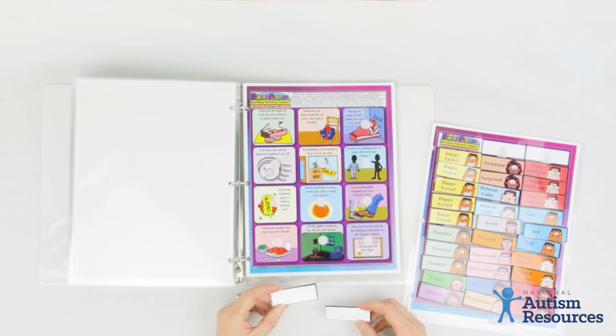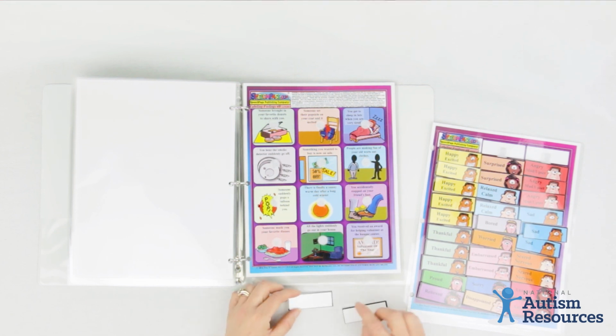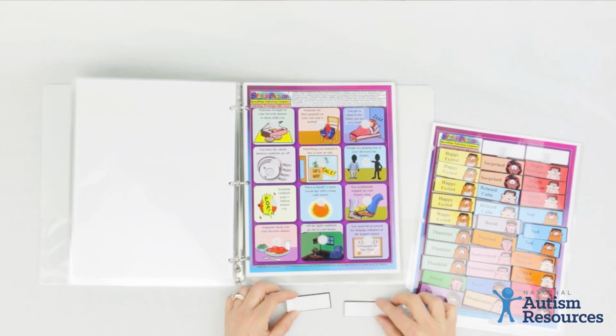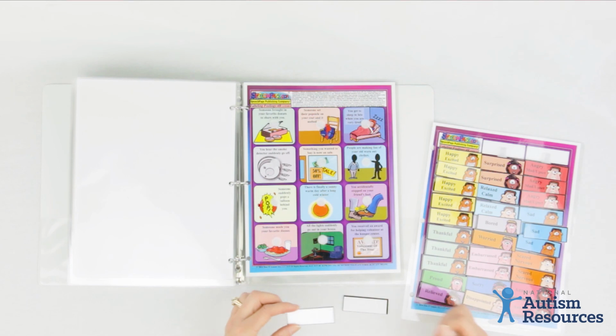This set also comes with 2 blanks so that you can write out any other types of emotions that maybe your student would want to express that's not on this sheet. So for example, one of the emotions might be frustrated. So you could use a dry erase marker and write down frustrated if that's an option that your student wants to express.